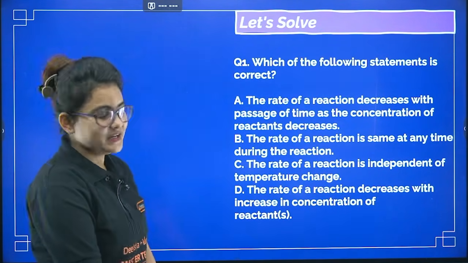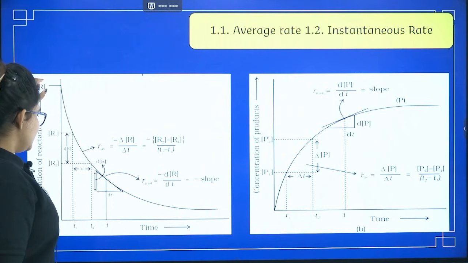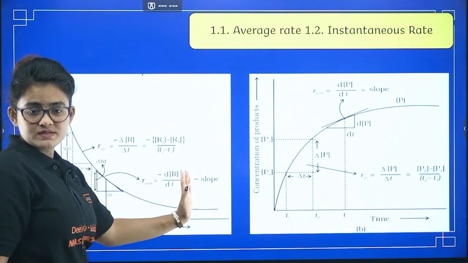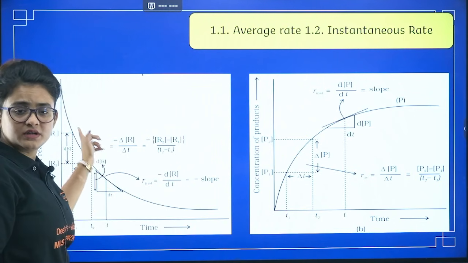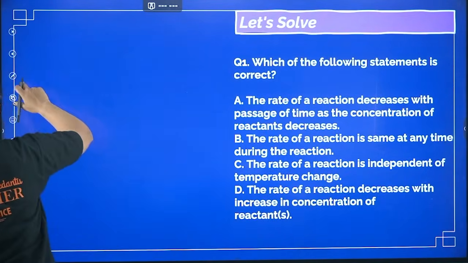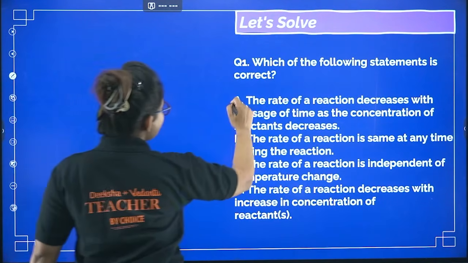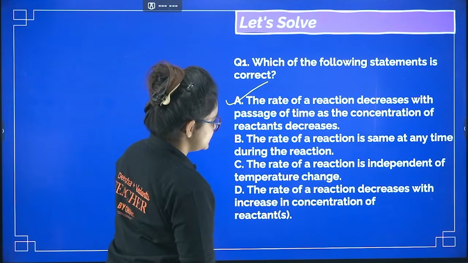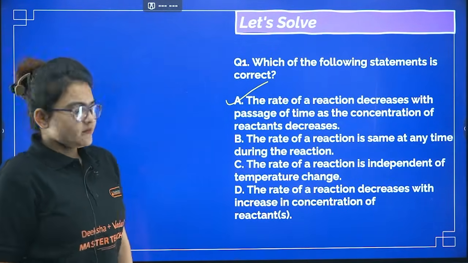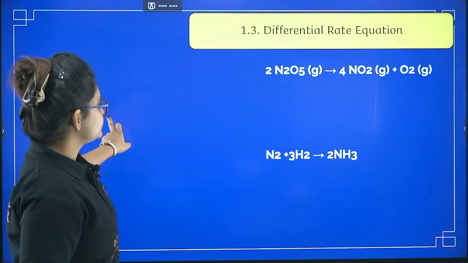Definitely it's going to be the correct one, because just now I showed you the rate of the reaction decreases as time passes, because the concentration of the reactant is decreasing. So definitely option A is the correct one. You can go through the next options as well, you will understand that they are actually wrong. Let's proceed further.